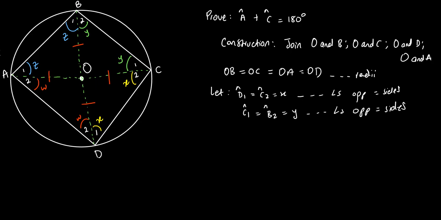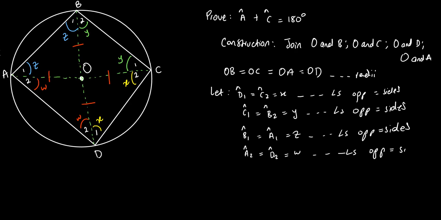Let b1 be equal to a1, both of them should be z, angles opposite equal sides. And then lastly, let a2 be equal to d2, be equal to w, angles opposite equal sides.